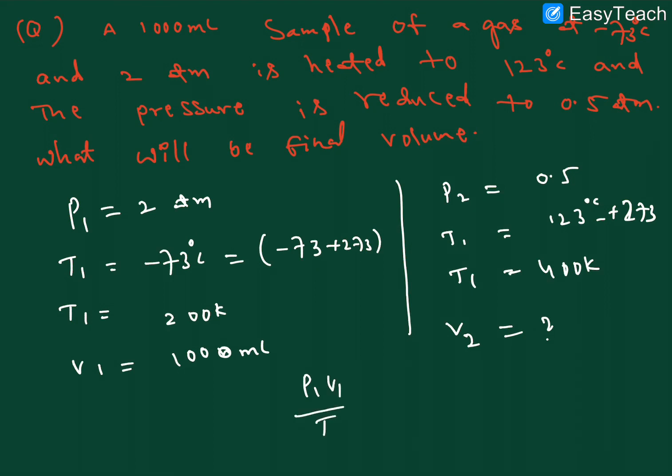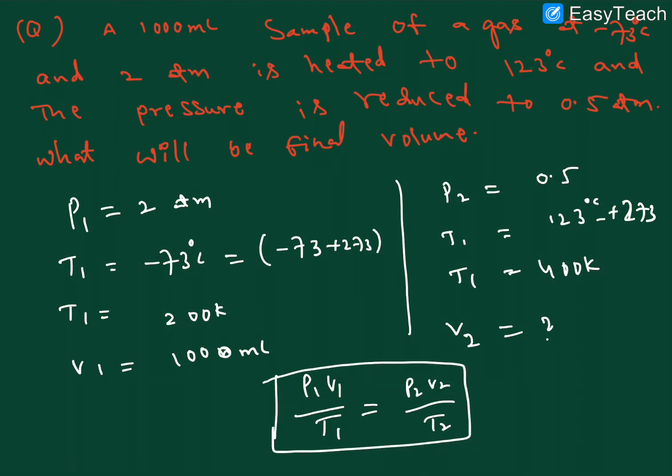So what is the formula generally? P is equal to density into R into T by molecular weight. Already we know gram molecular weight, that is what we are taking here. So gram molecular weight is equal to density into R into T by pressure.